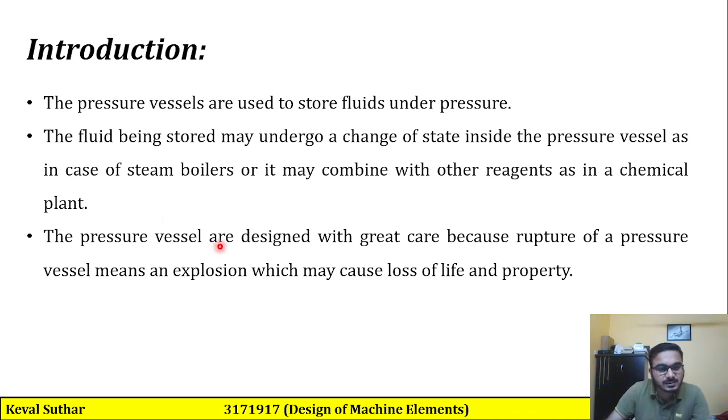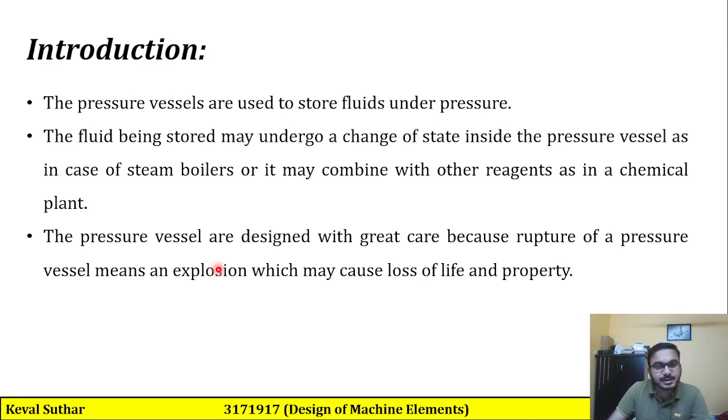The pressure vessels are designed with great care. Why? Because if there is some error while designing these pressure vessels, rupture of the pressure vessel can occur. That means it can explode, and if an explosion happens, it may cause loss of life and property.